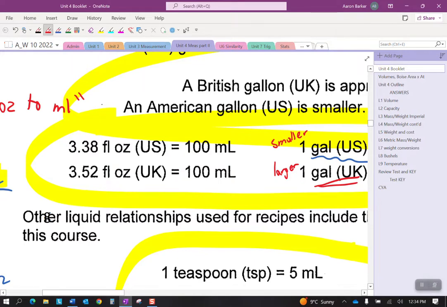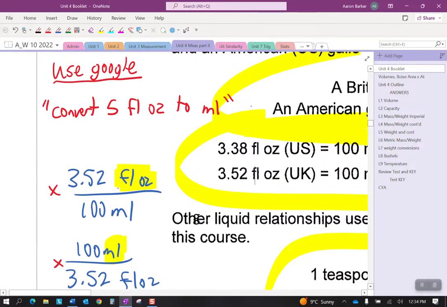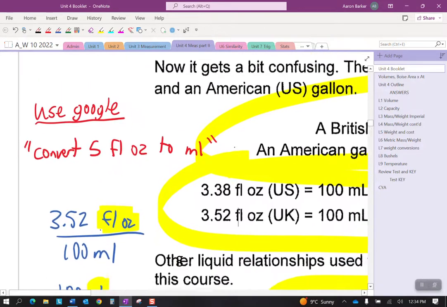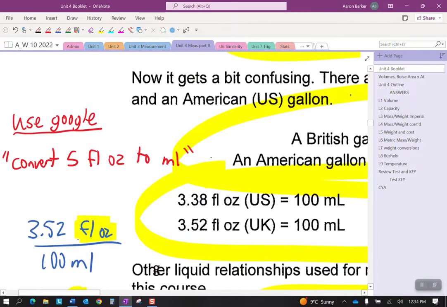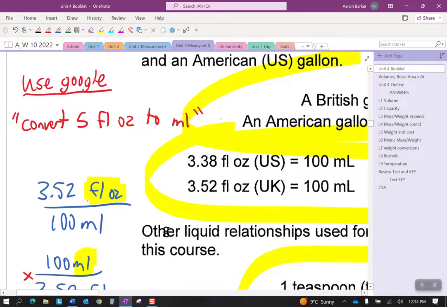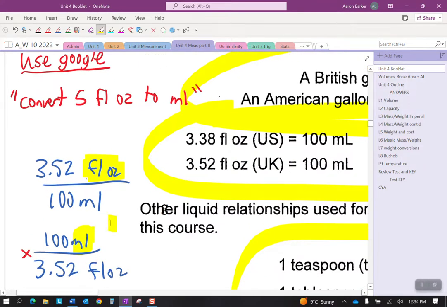So your two fractions are, one could be 3.52 fluid ounces on top, 100 mils on the bottom. Or I can make it into 100 mils on top and 3.52 on the bottom. That's how I can make this into a conversion factor fraction.